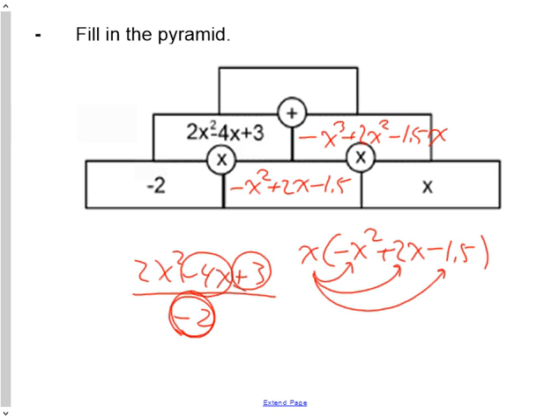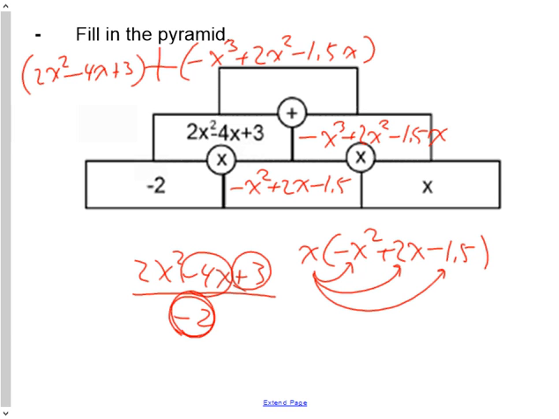And now the third one says take the two stones below the pyramid and add them to get the one above. So here, you're really going to take 2x squared minus 4x plus 3 and add to it negative x cubed plus 2x squared minus 1.5x. And since you're adding polynomials, you're really gathering like terms.